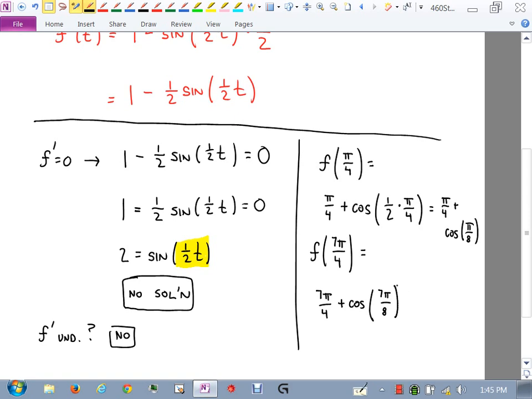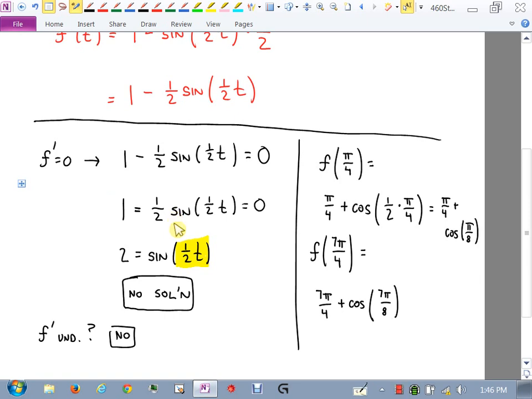Does anybody have any questions of what I've done? We're good? I moved this entire expression to the right-hand side, which made it positive. You could do that and then divide through by, or multiply through by -2 instead of +2.